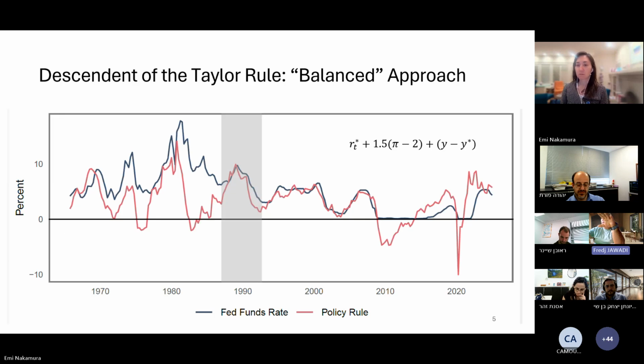So maybe if we try to extend the Taylor rule by including more objectives, we could improve the way this rule is able to reproduce policy. Or maybe, finally, the model is misspecified. Because, for example, if the dynamic is nonlinear, and we have a lot of ups and downs in the inflation, this cannot be reproduced by the rule as it was introduced in 1993. I don't know, what do you think?